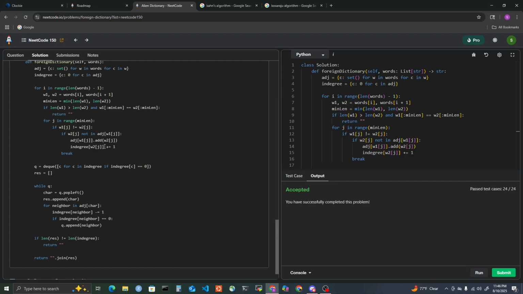Okay. So they're not equal. That means one has got to be greater than the other.